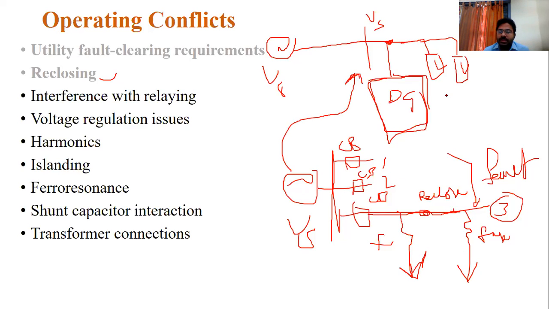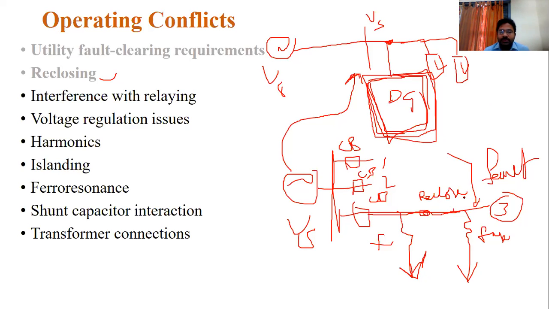We are assuming a DG is connected in feeder 3 also. What will happen if this DG is still connected even though there is a fault in that system? There can be damage to the DG, especially as we assume the DG is a synchronous machine, and the synchronous machine may get damaged.